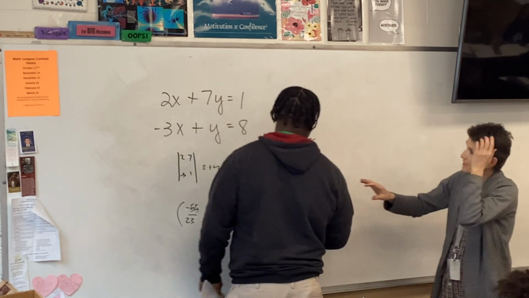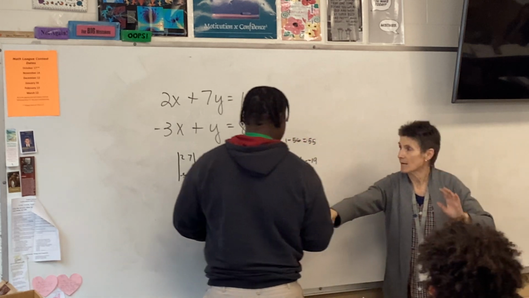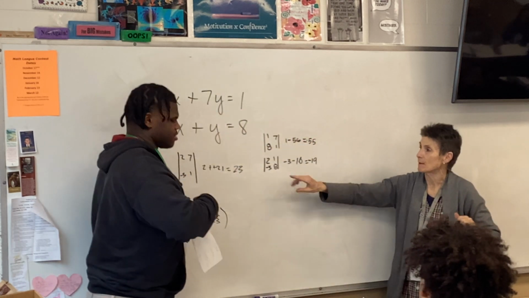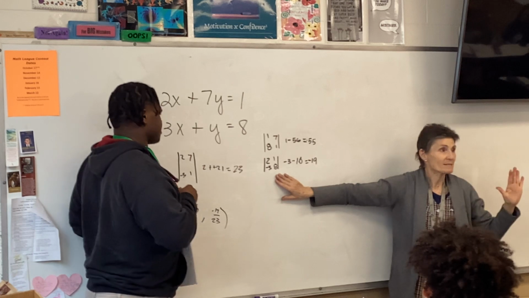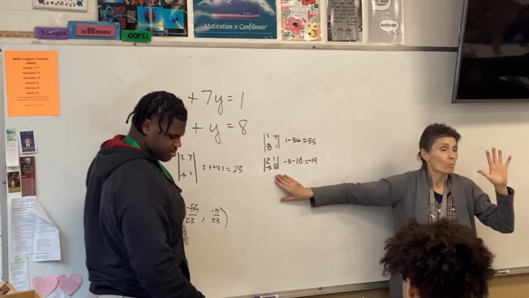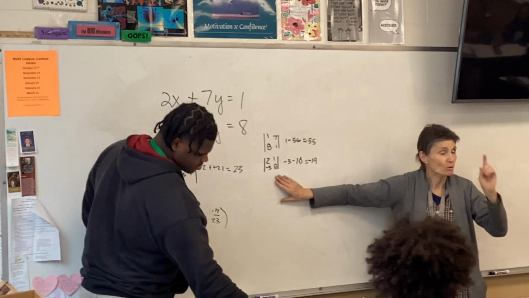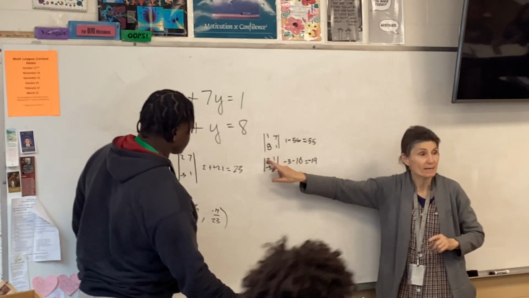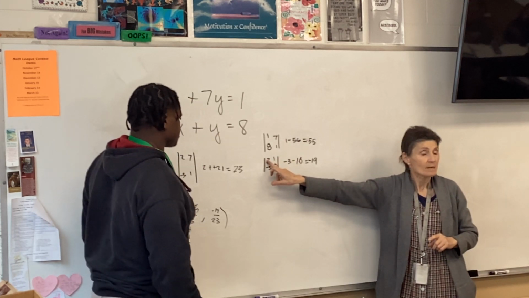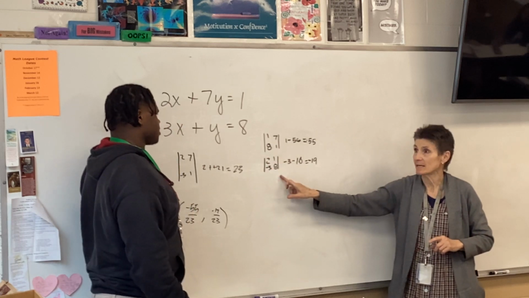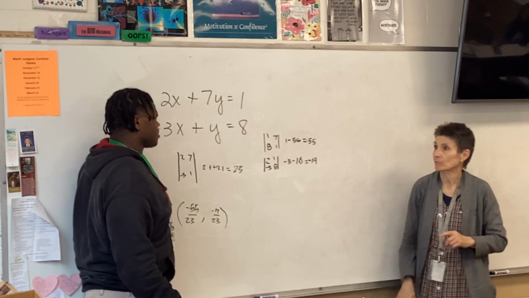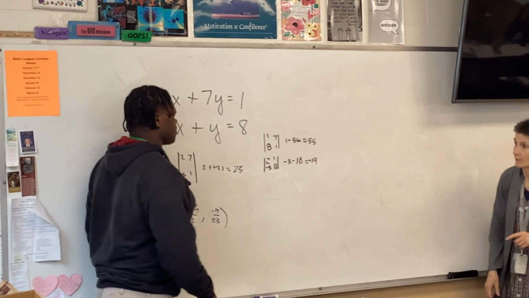Okay, step aside, I'm glad you did this, we were gonna fix it, but I'm glad you did. This is gonna be a mistake that's made. We need to make sure that when we are evaluating determinants, the first multiplication we do starts right here. Always. So this has to be 16 minus -3. Do it, fix it.